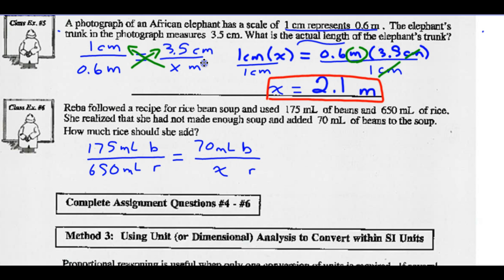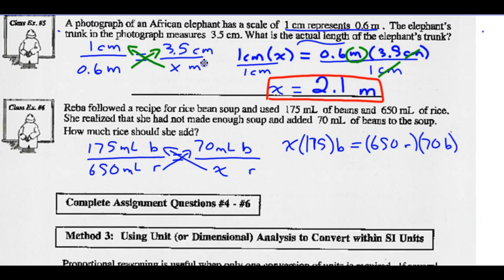So there's our question. Again, I want to now cross multiply. So x times 175 milliliters of beans should equal 650 milliliters of rice times 70 milliliters of beans.